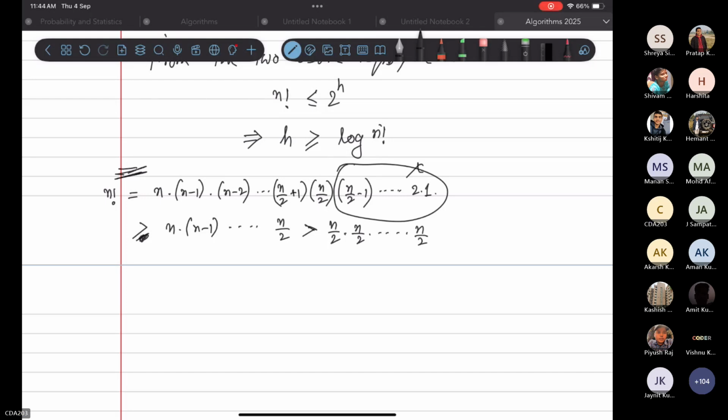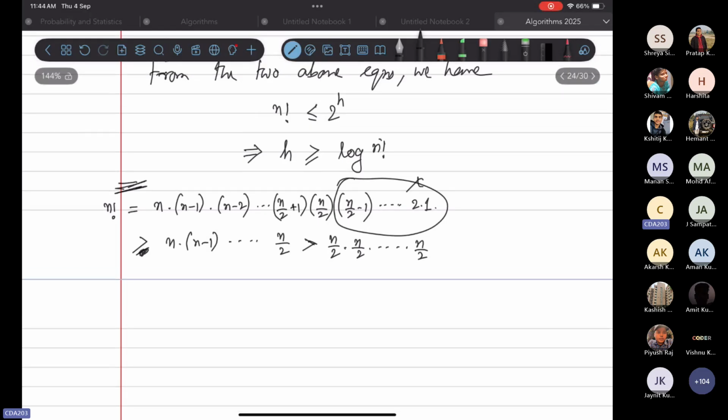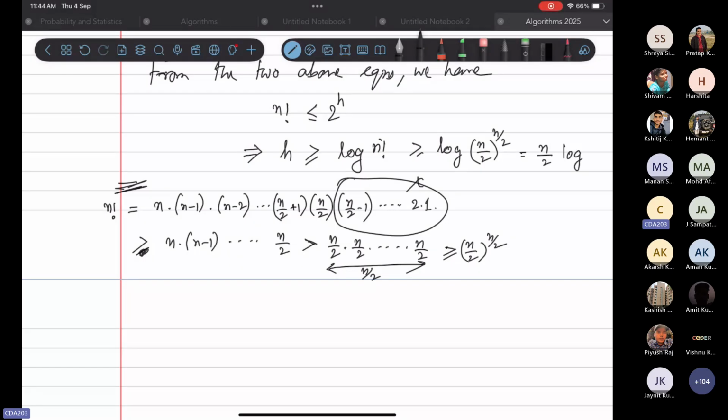How many n by 2s are there? n by 2 of them. So this I can write as something more than n by 2 to the power n by 2. So log of this is log n by 2 to the power n by 2, which is nothing but n by 2 log n by 2.